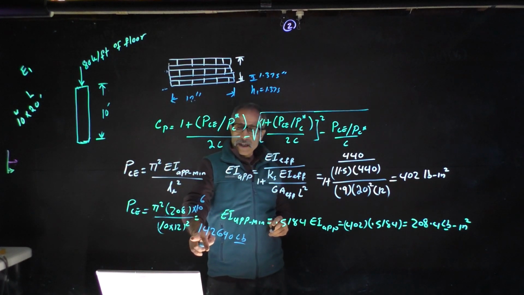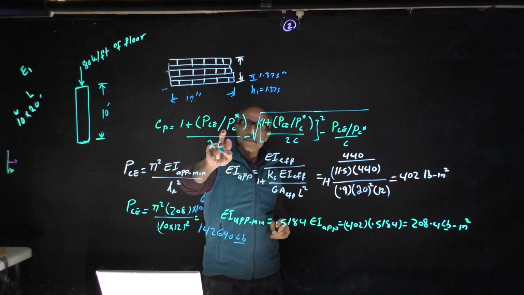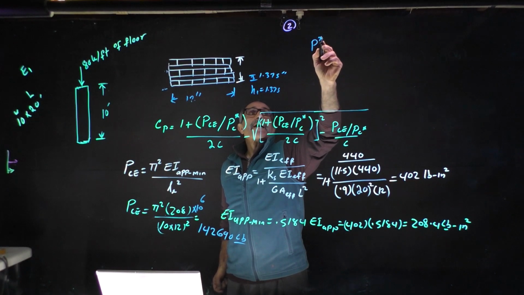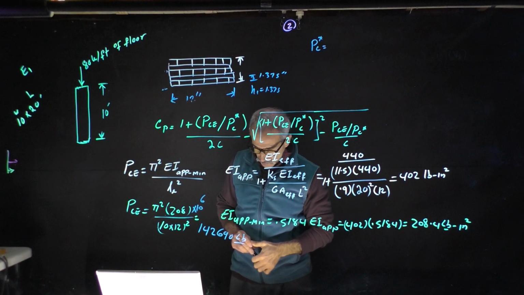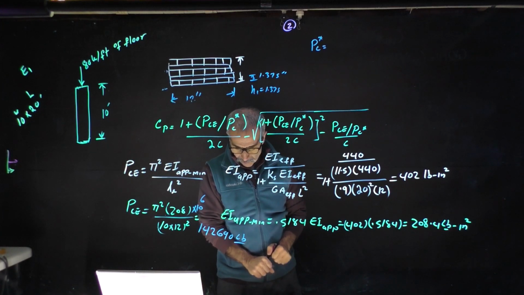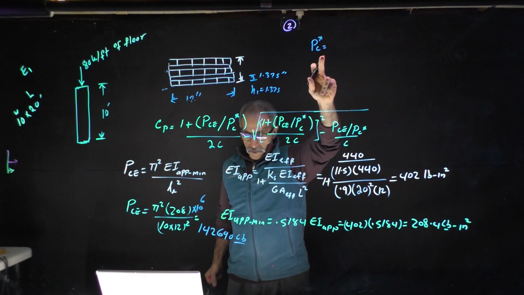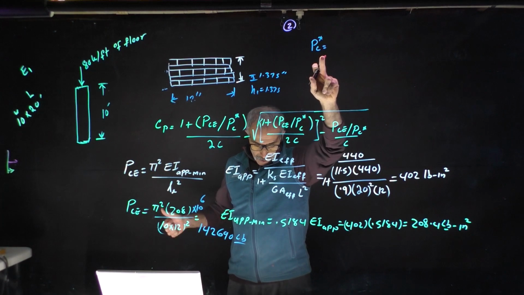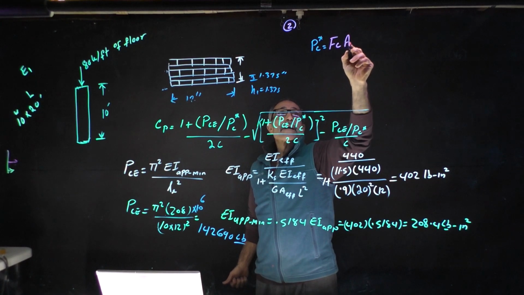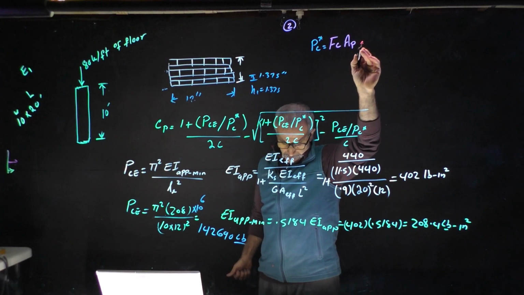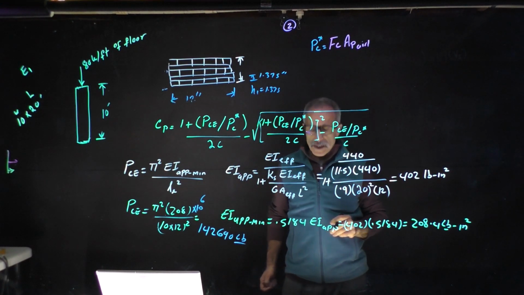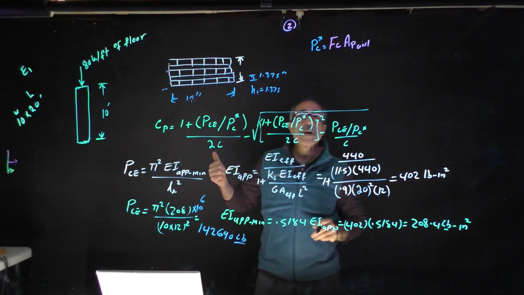Okay, so now we have that. We're going to find P star C, which is compression stress multiplied by the parallel area, P equals F times A. And F prime C from a table comes out to 1800.